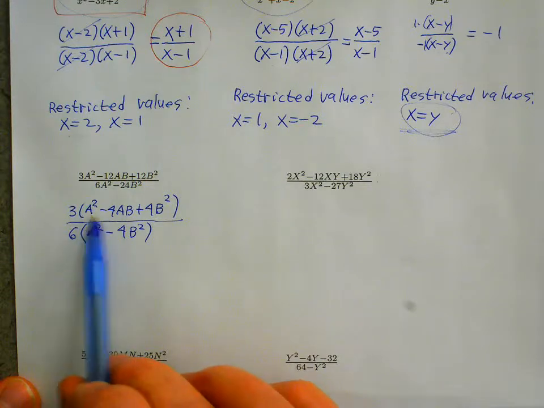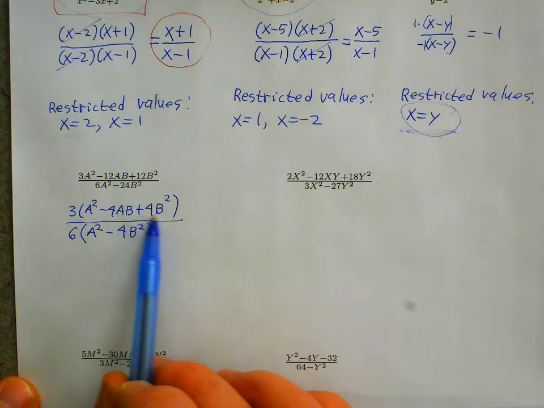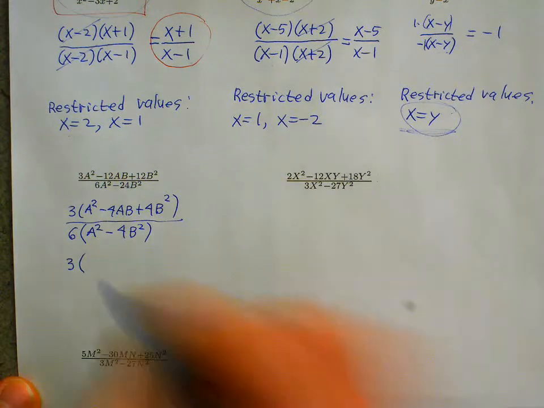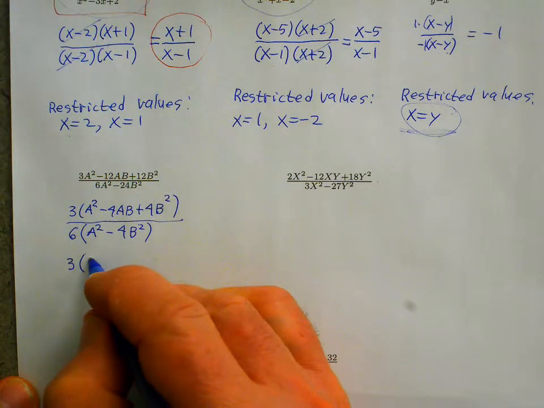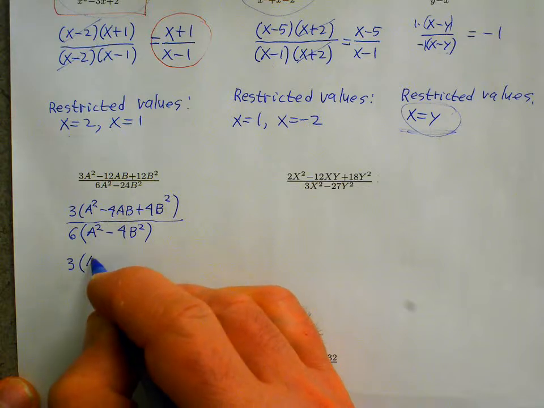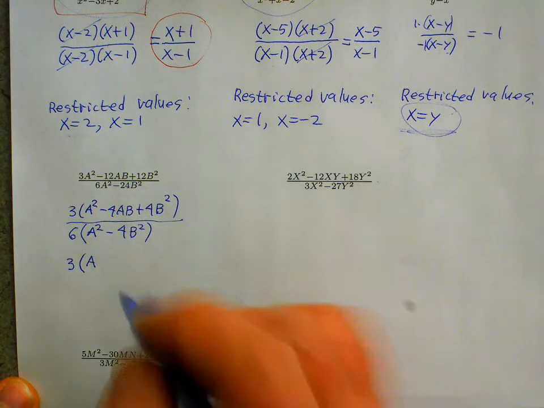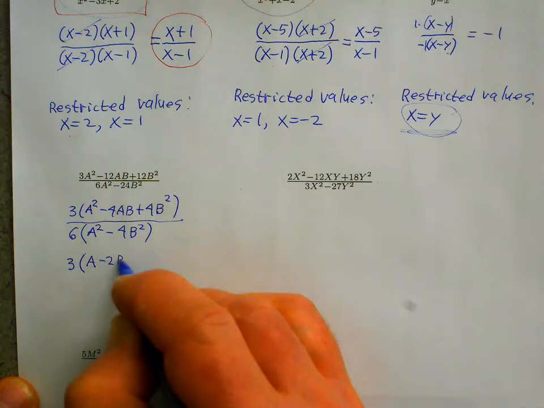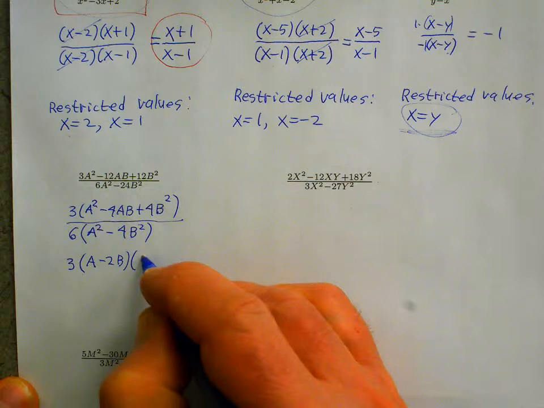The numerator factors pretty nicely, a to the second minus 4ab plus 4b to the second. That is a perfect square trinomial. So one of the factors is a minus 2b. The other factor is identical, a minus 2b.